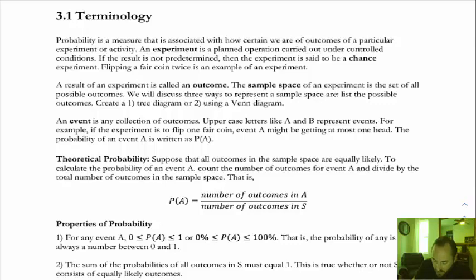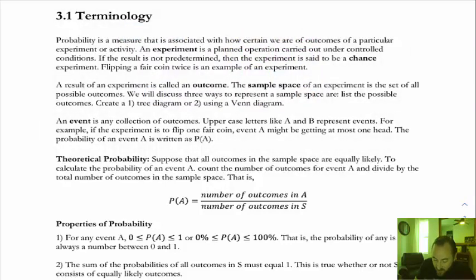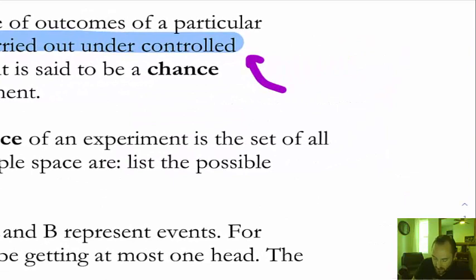An experiment is something that you do by chance that has a probability attached to it. Here it says an operation carried under controlled conditions. Just think of it in a simpler way: a probability is attached to it.